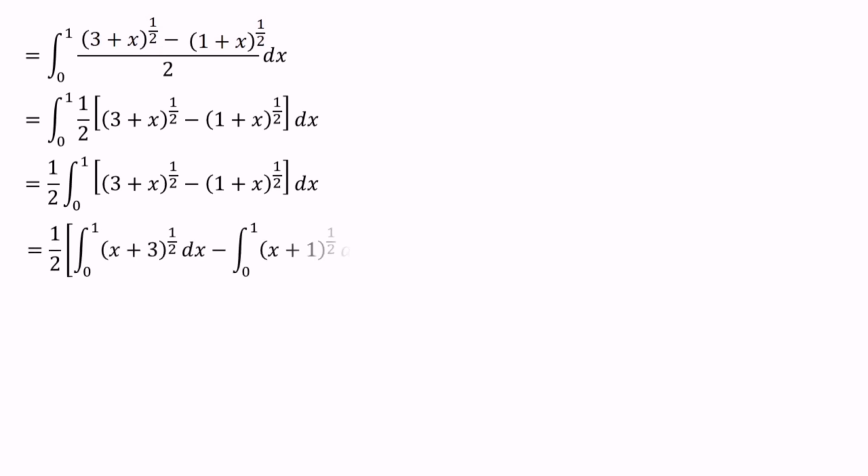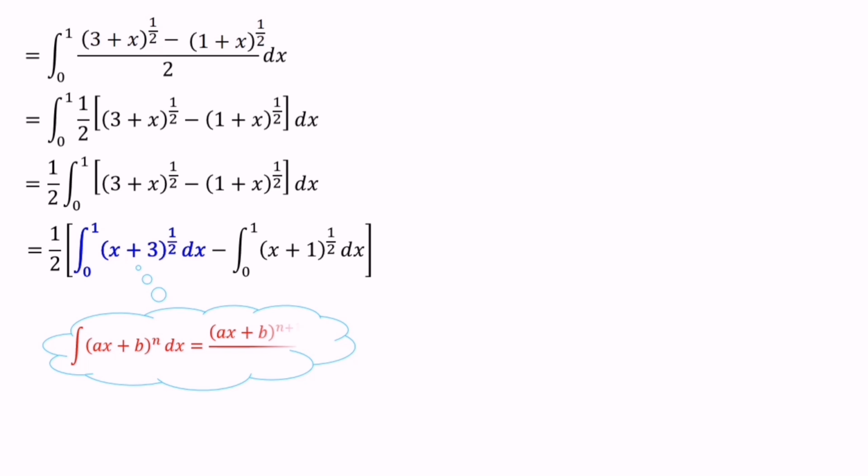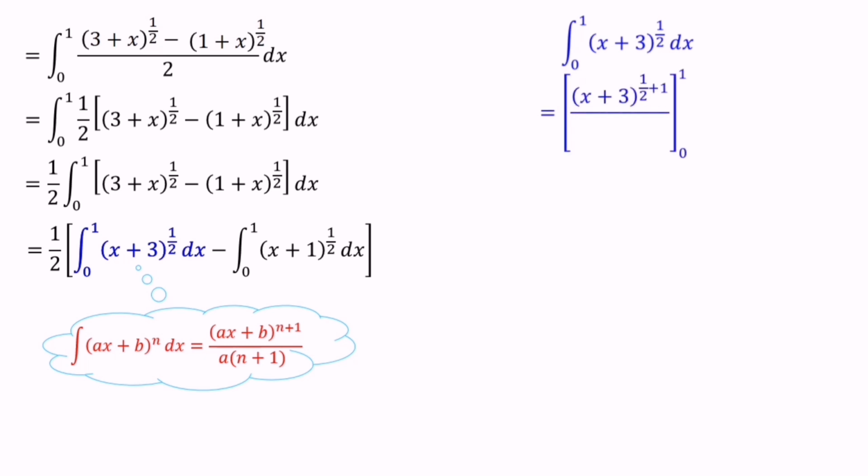To simplify the integral from 0 to 1 of x plus 3 to the power of half, we can use the formula: integral of (ax plus b) to the power of n equals (ax plus b) to the power of n plus 1 over a times (n plus 1). Using this equation, the integral of x plus 3 to the power of half becomes x plus 3 to the power of half plus 1 over 1 times half plus 1.